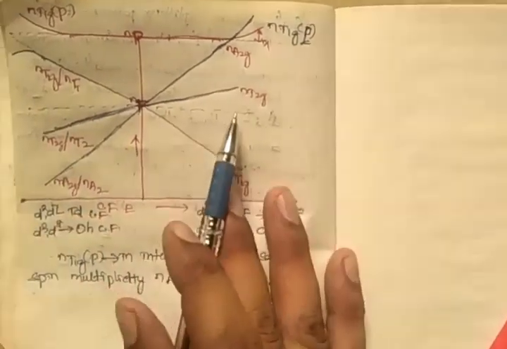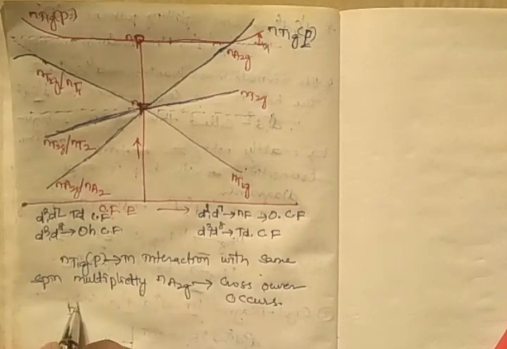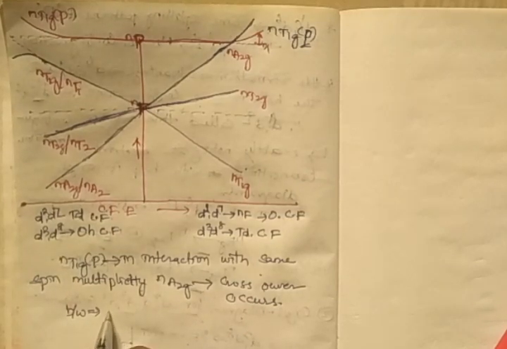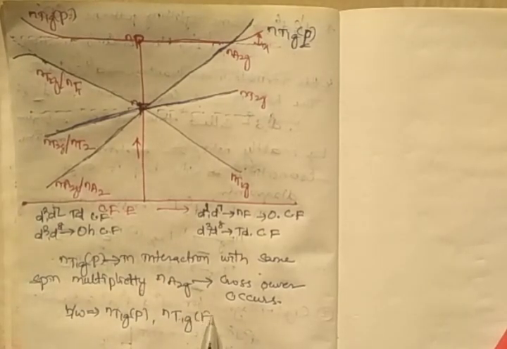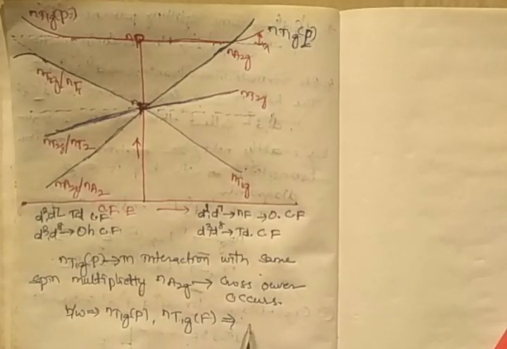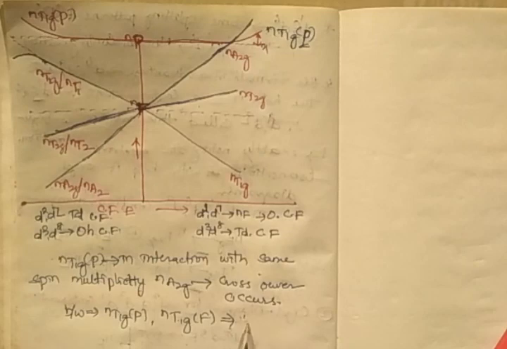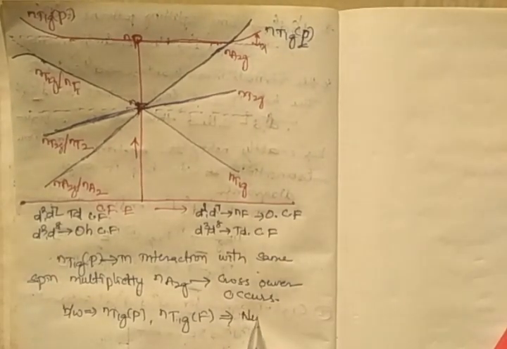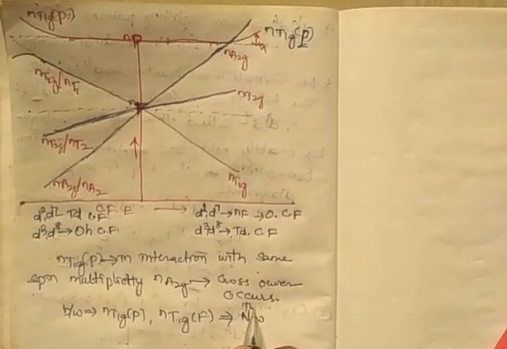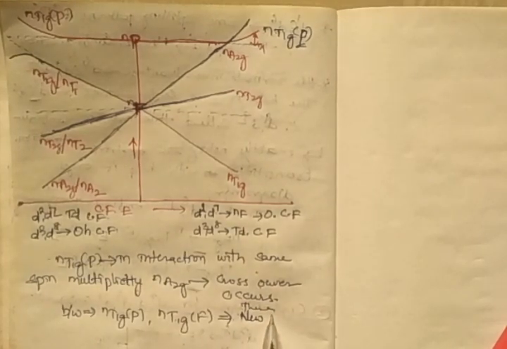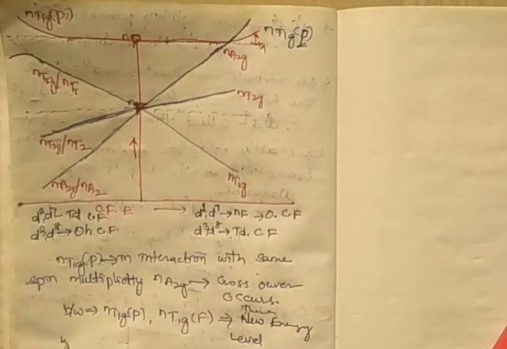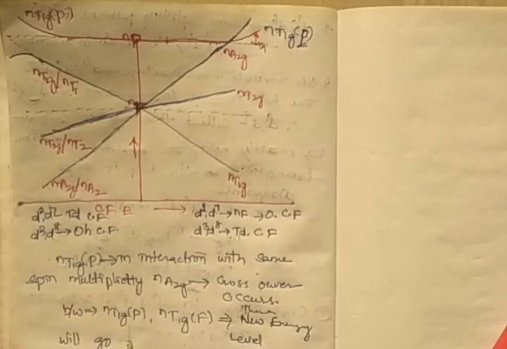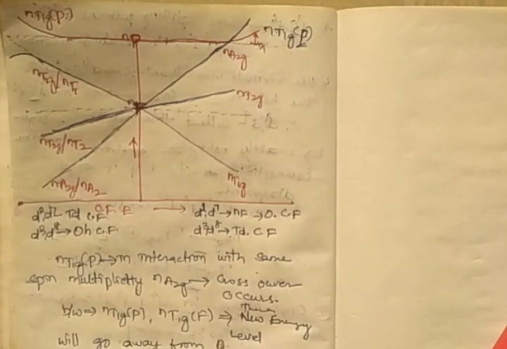Here the interaction is between Nt1G of P and Nt1G of F term, where these new energy levels will go away from one to other.